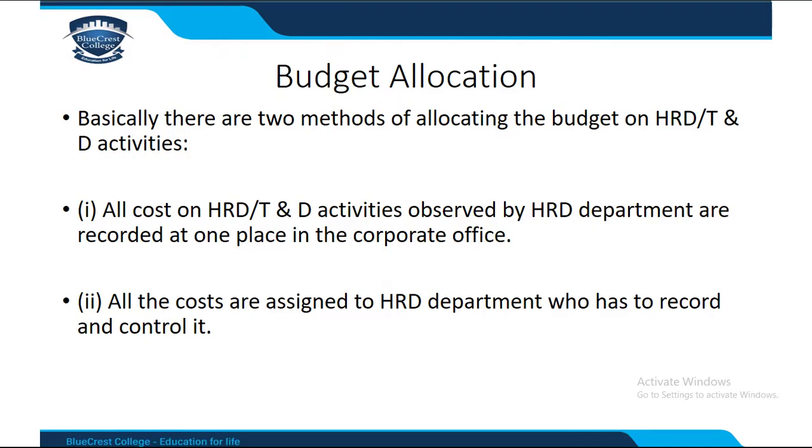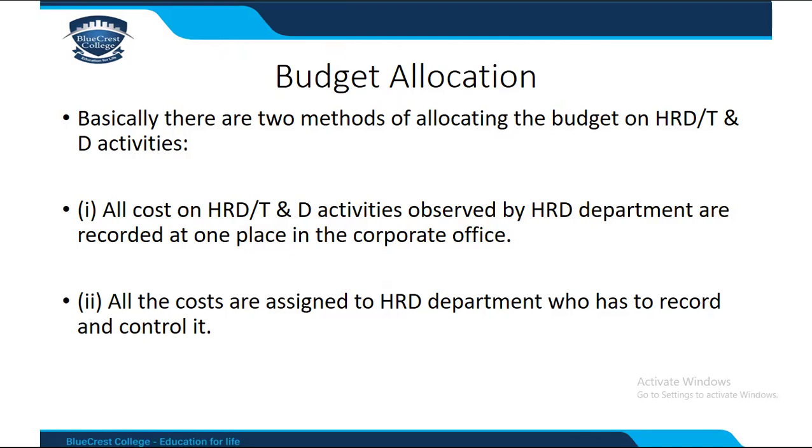So in one context, the controlling of the funds for training is done by the corporate office, right? And then for the other one, the budget allocation is done by the HR department. Okay, so there are two forms of budget allocation. The first one has a centralized system where everything comes from the corporate office.